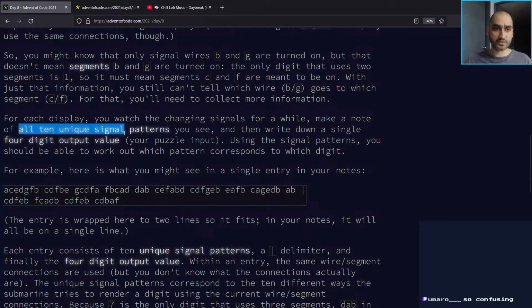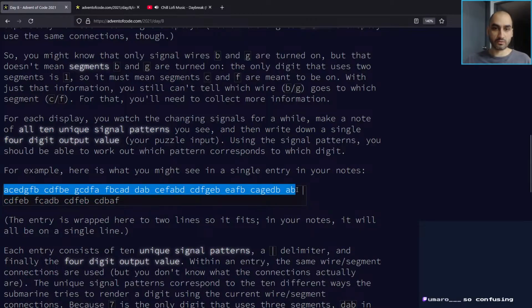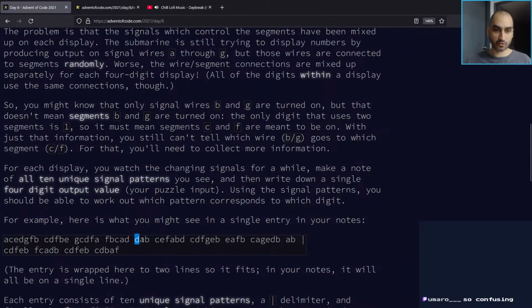Okay, so you look at the signals, you identify all 10 unique signal patterns, doesn't matter the order, so you see 10 different possible lighting up of the segments. And just looking at that, we can see that's the 1, because 1 is the only one with 2 segments lit up. So 1 is corresponding to AB, and like DAB is using the same 2 as 1.